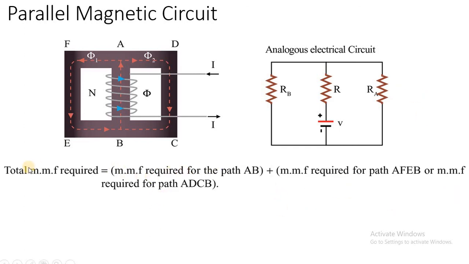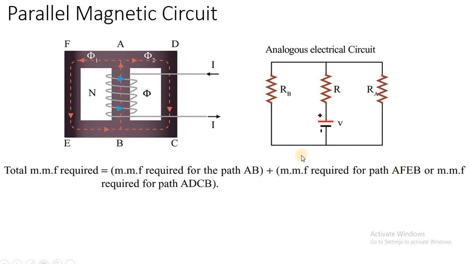So the total MMF required is equal to the MMF required for the path AB, that is the middle branch, and then the path of phi 1. Now to flow the flux phi 1, what is the MMF required? MMF required for the path AFEB.